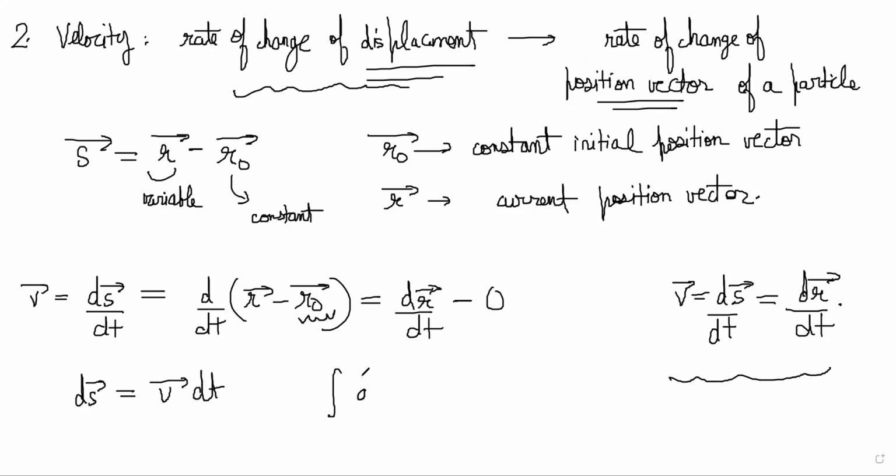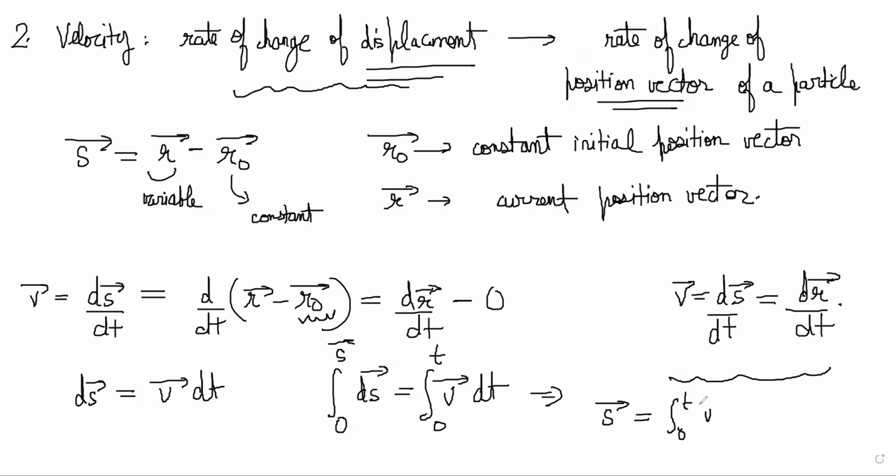If you integrate this equation, integral ds becomes integral v dt, from the initial time to the final time, and you'll get the relation s is equal to integral v dt. Basically, total displacement can be calculated by integrating the velocity function with respect to time, right?